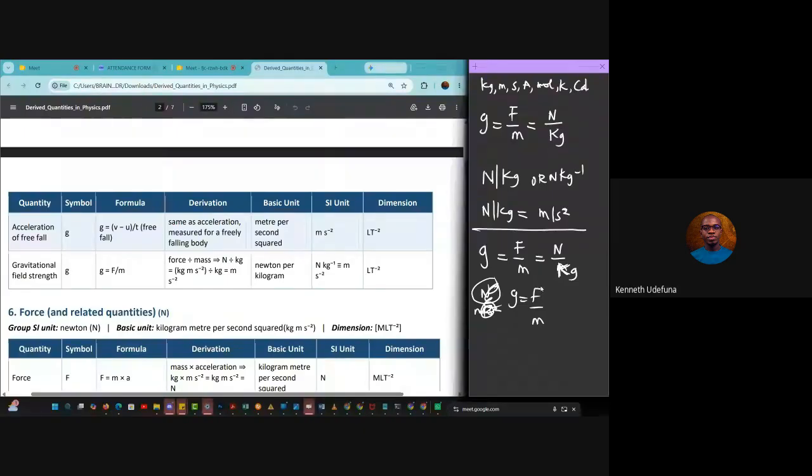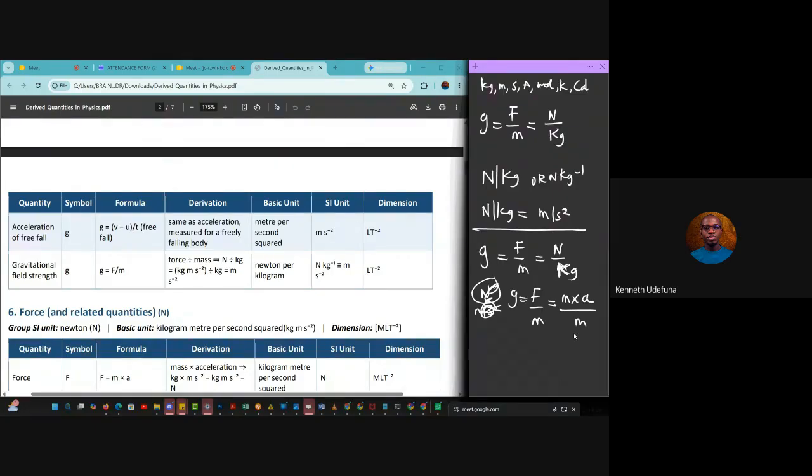Since I know that force is Newton, and Newton is not among the fundamental quantities or basic units, I'll break this force down further into mass times acceleration. Remember that force is mass times acceleration. I now divide by mass.